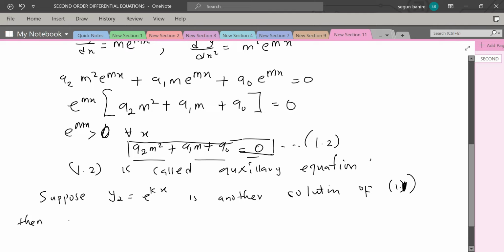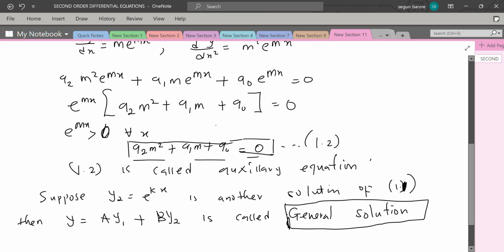Then y equals a y1 plus b y2 is called the general solution. This is very, very important. When solving a second order differential equation, you are meant to get two solutions, y1 and y2.